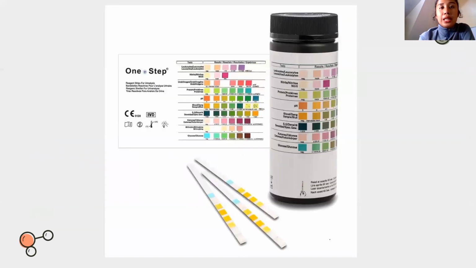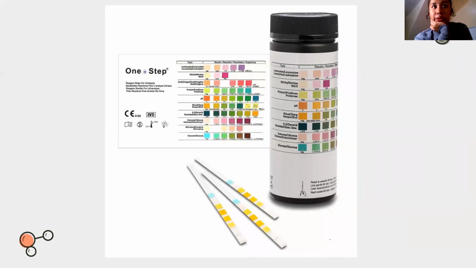If you have not seen a urine strip, it looks like this. The different squares represent different tests. The topmost squares measure the levels of leukocytes, nitrite, and the third is protein. The interpretation varies depending on your dipstick test or kit.